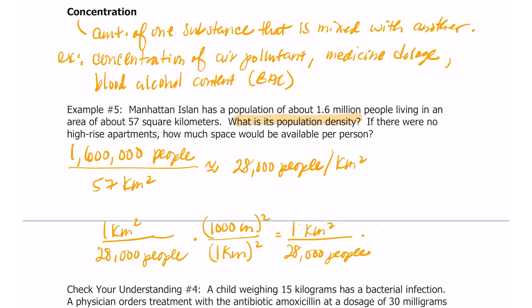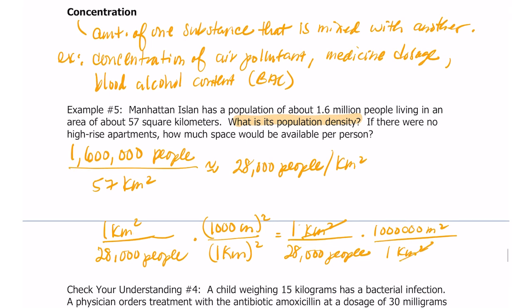And I'm going to multiply that by 1,000 squared, which is 1,000,000 meters squared over, and 1 squared still stays 1. It's just 1 square kilometer. So now the square kilometers will cancel out. So you might have been wondering, why did he put the 1 square kilometer on top and the people on the bottom?